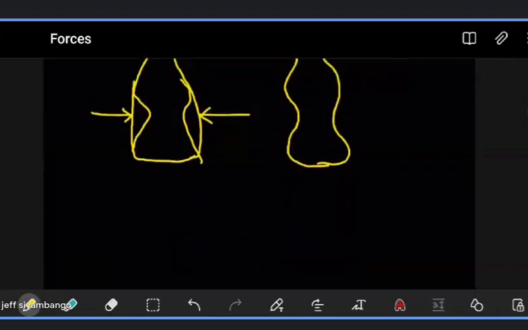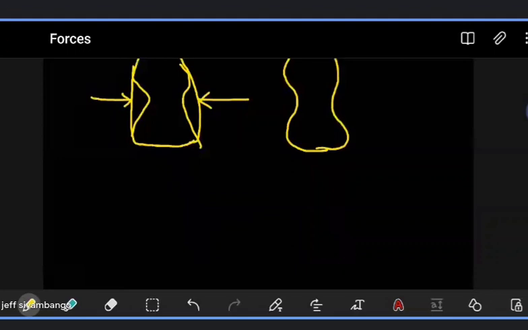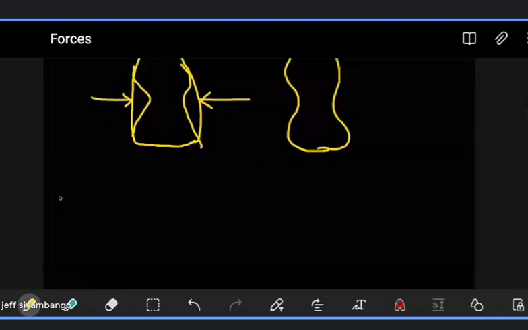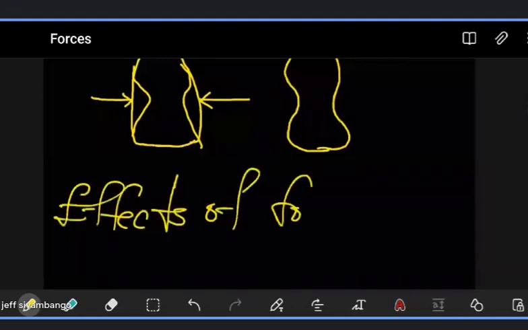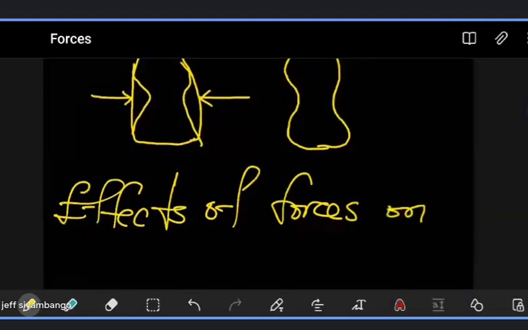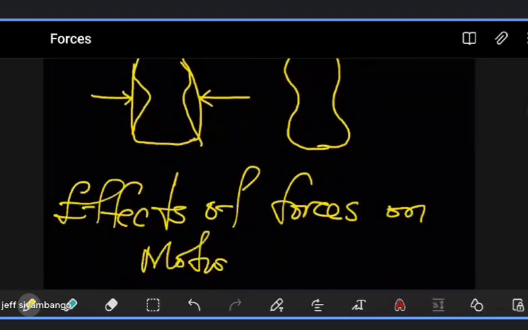So the next part of our unit will be to discuss how forces influence the motion of an object. So the effects of forces on the motion of an object, this is what we want to describe next.